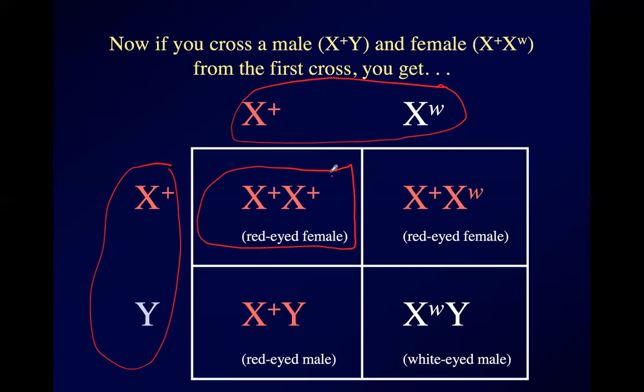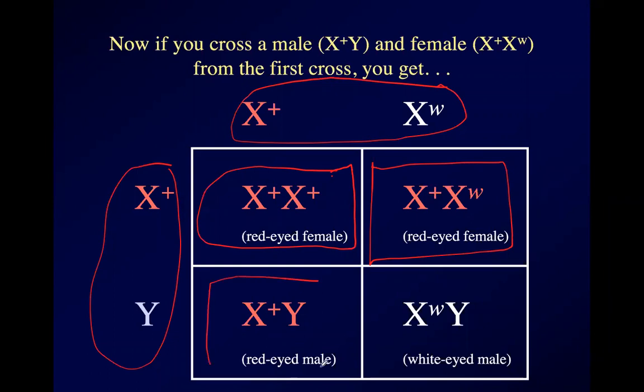Those are just red-eyed females. 1/4 of these offspring are going to look like red-eyed females, but they're carriers, they're heterozygous for it because they've got 1 copy of the wild type allele on one of their X chromosomes and 1 copy of the white-eyed allele on the other X chromosome.